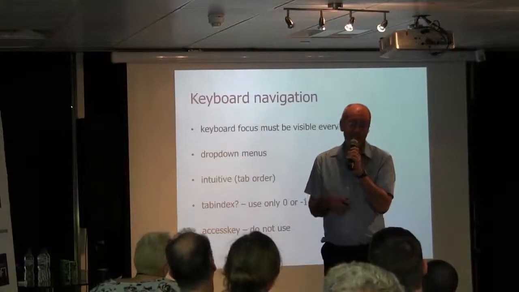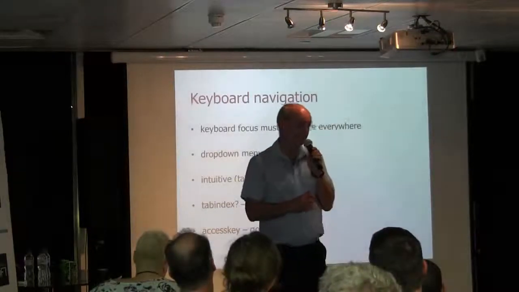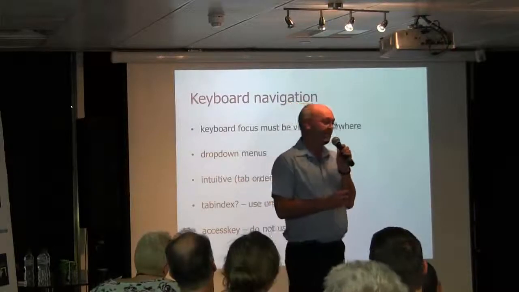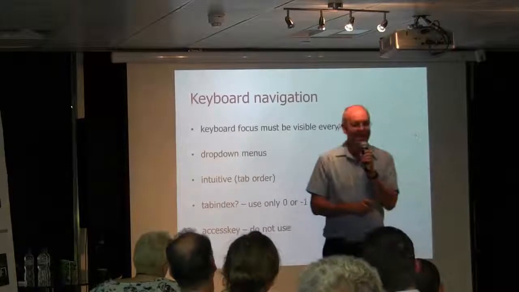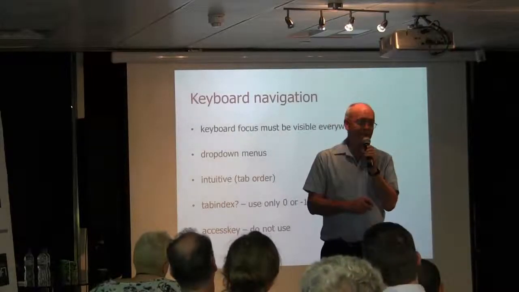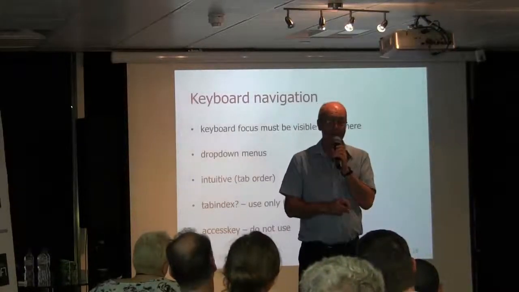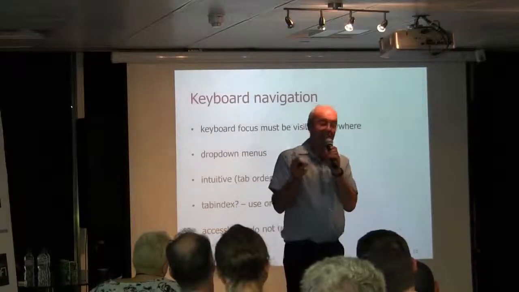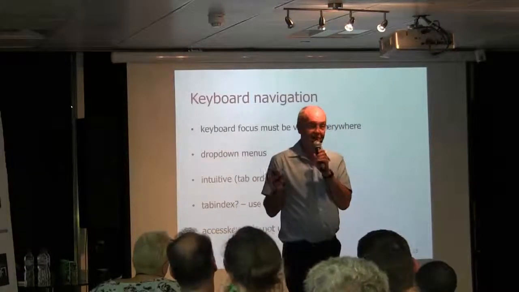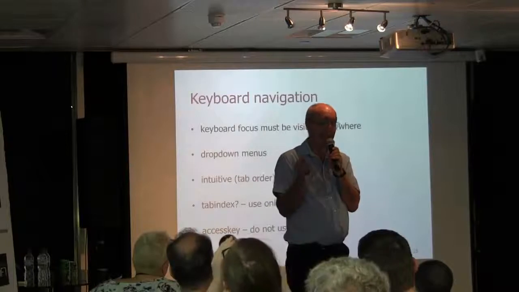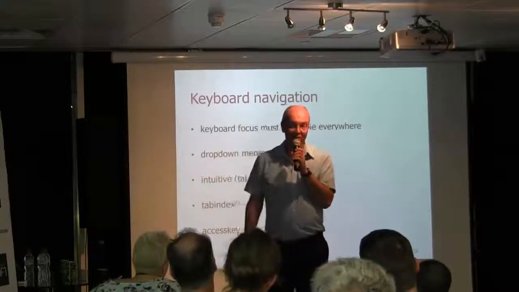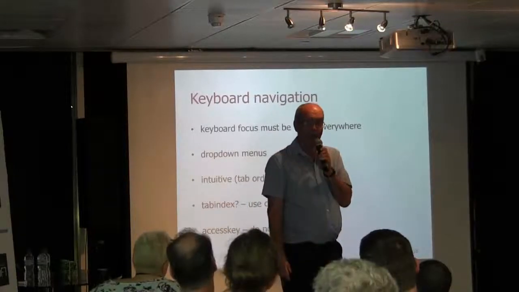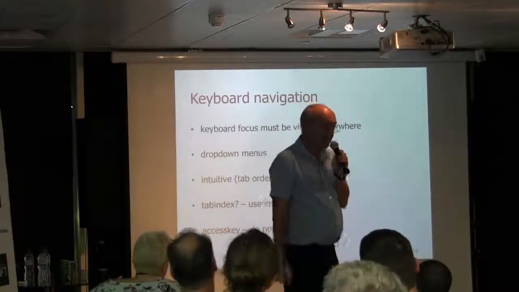And what that means is don't use the tab index to influence that, because on every site that uses tab index greater than 0, there's bound to be bits where you get it wrong and it messes up the tab order quite considerably. In certain cases, you will want to use 0 and -1. That's acceptable because it doesn't mess around with the actual order in which things are tabbed to.